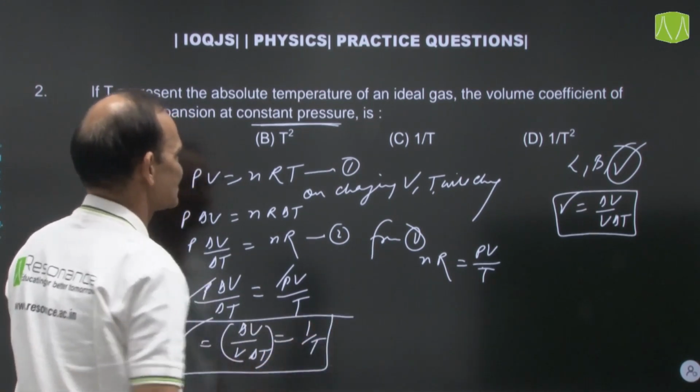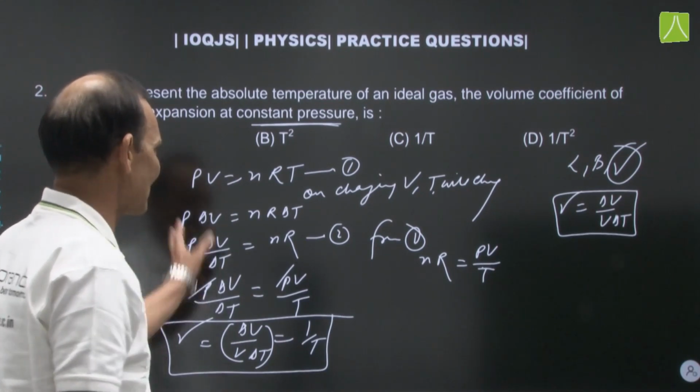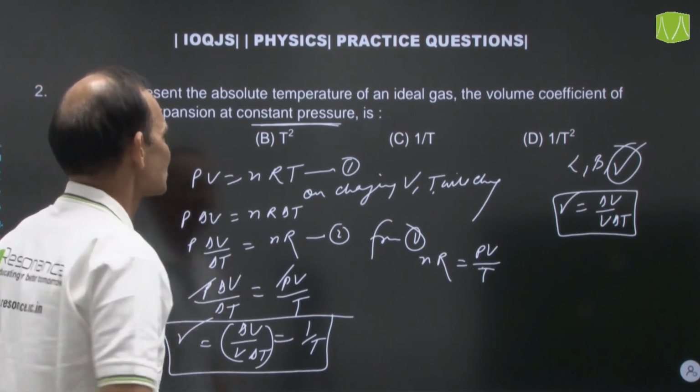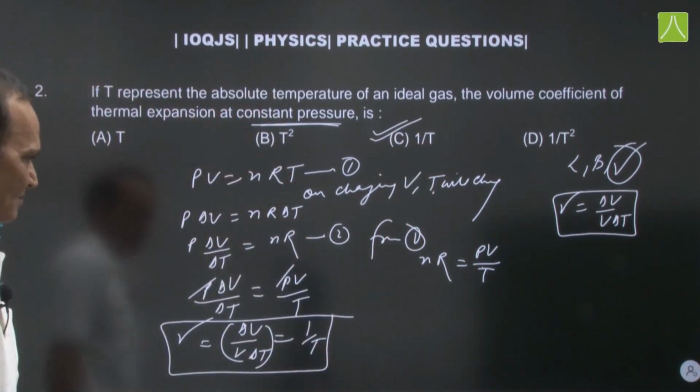So the volume coefficient of thermal expansion at constant pressure is 1 by T. The correct answer is option C.